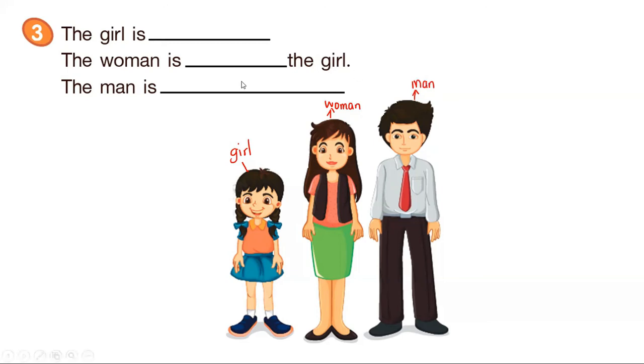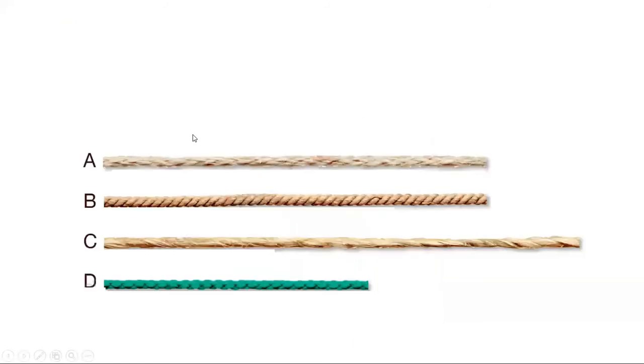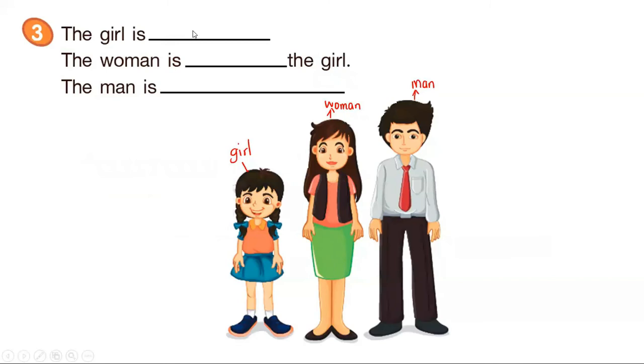Now we can say that the girl is tall. Then the woman is taller than the girl, and the man is the tallest.